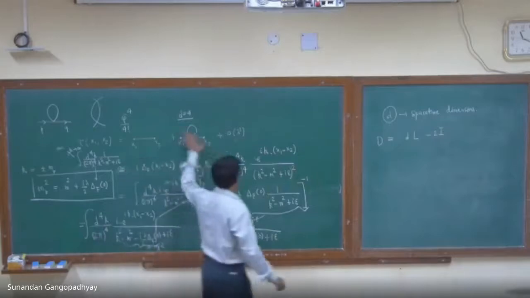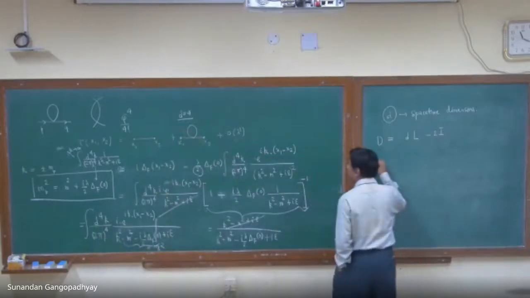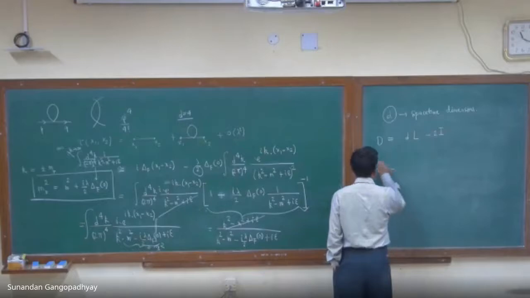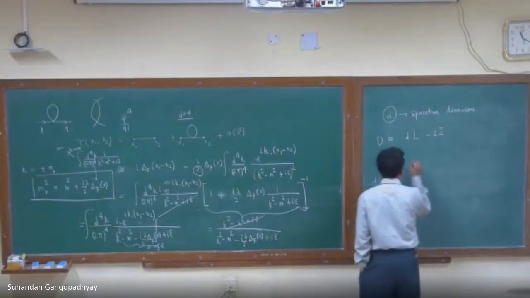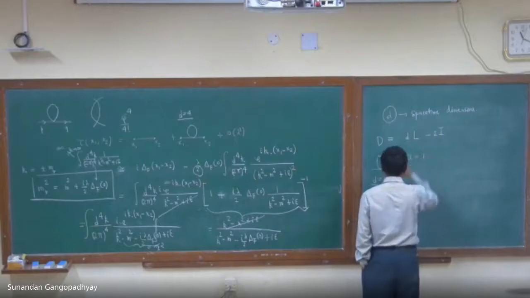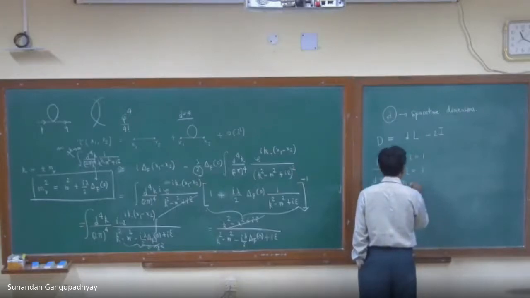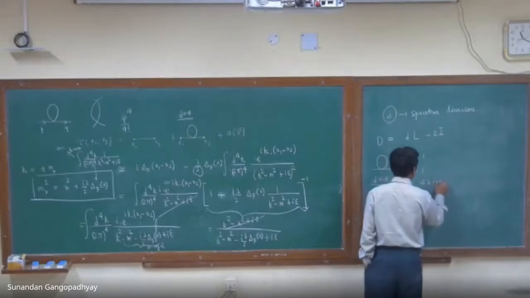You can check it for this diagram with d equal to 4. The number of internal lines is 1 and the number of loops is 1, so D is 4 into 1.